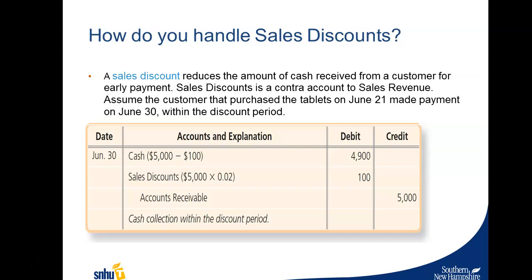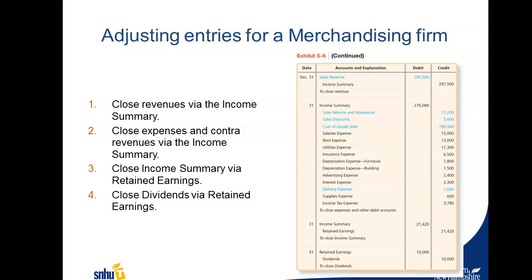And when we do that, when do we record the sales discount, and how do we record the sales discount? This is a very, very standard entry. The only difference you might see would be the dollar amount. The most important thing is when we're recording transactions on the seller side and we're providing a discount, it's going to go into a contra account, which you see here called sales discounts.